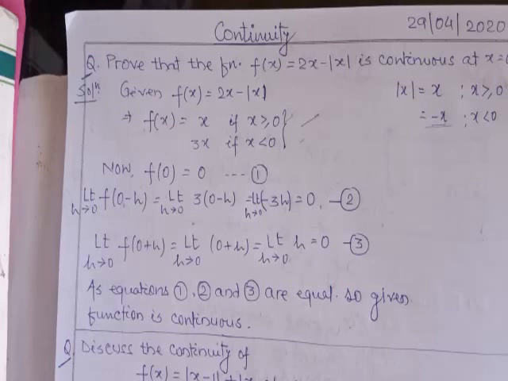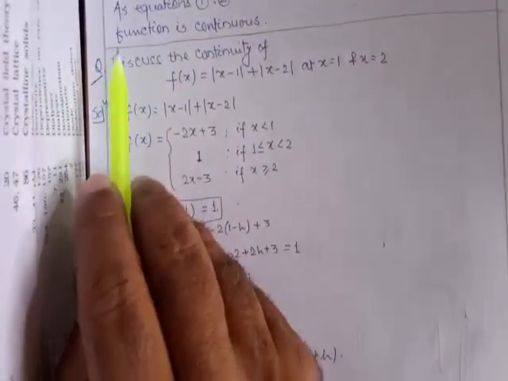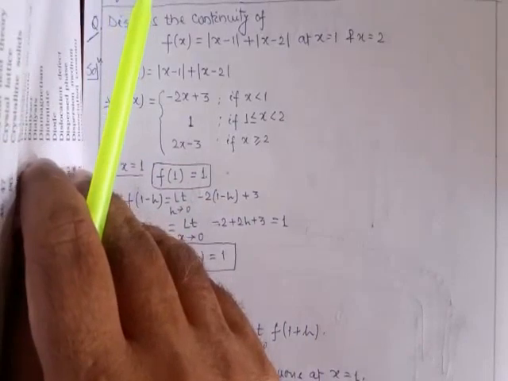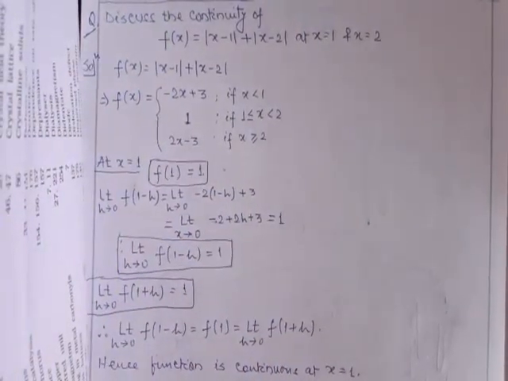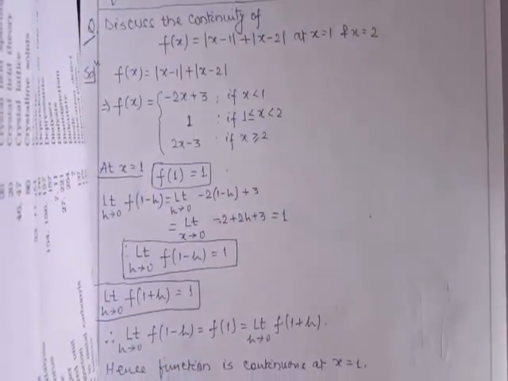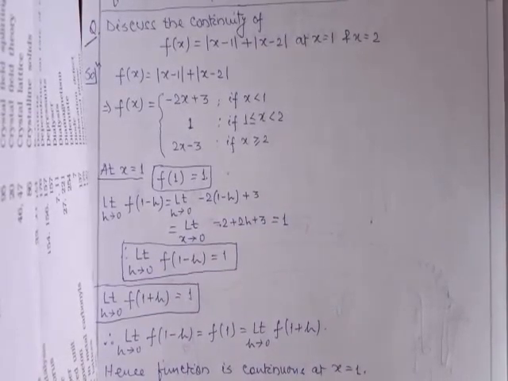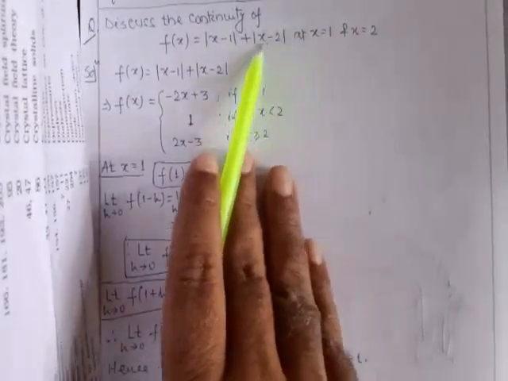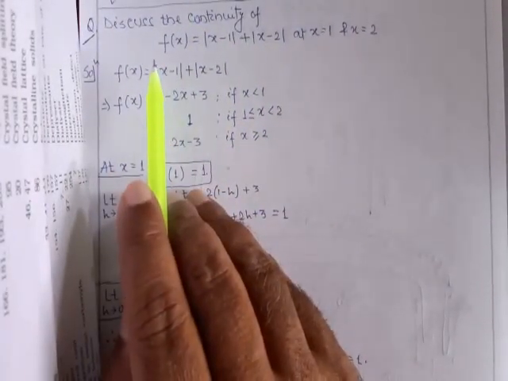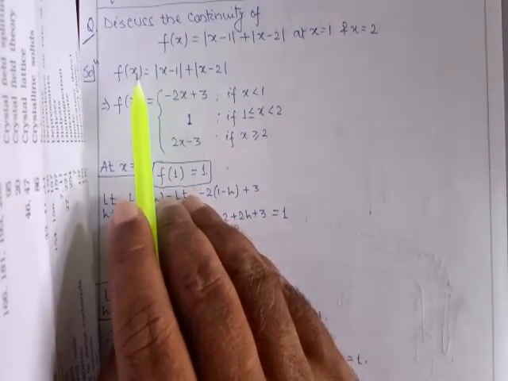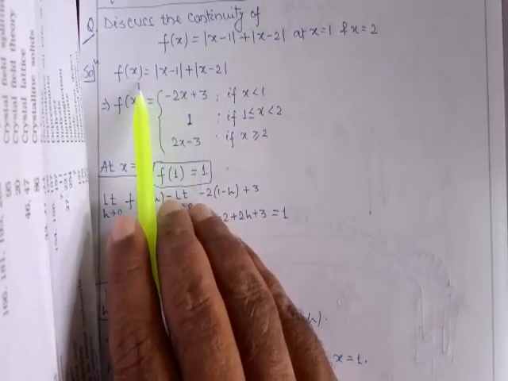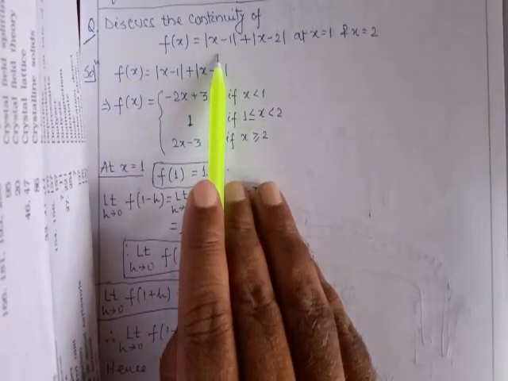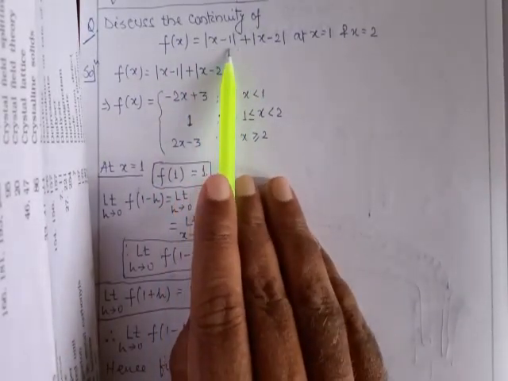So now come to another problem. Discuss the continuity of f(x) when f(x) = |x − 1| + |x − 2| at x = 1 and x = 2.